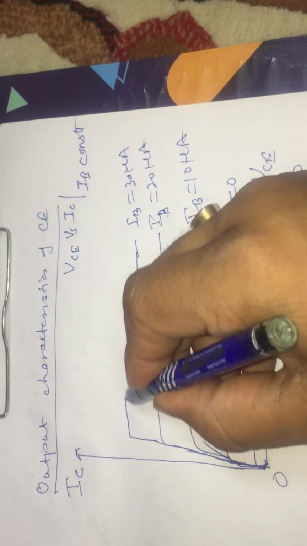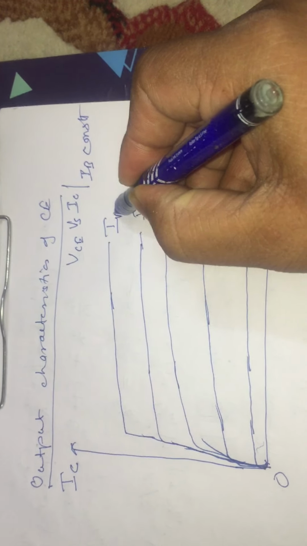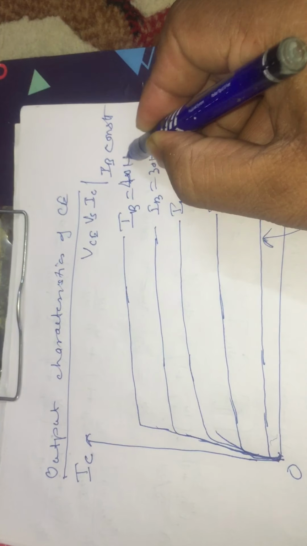It is a very small current: IC in milliampere, IE in milliampere, but IB in microampere. Here is IB equal to 40 microampere.